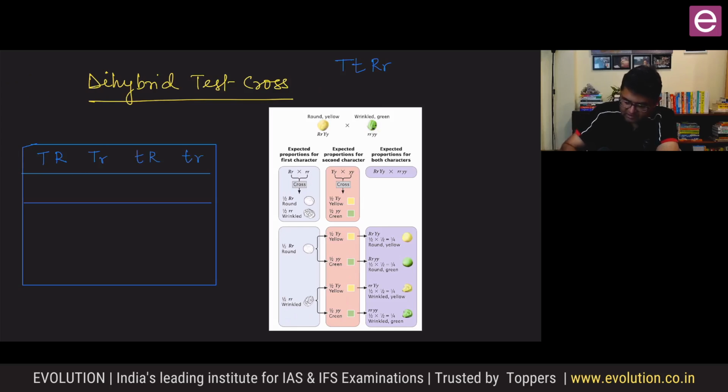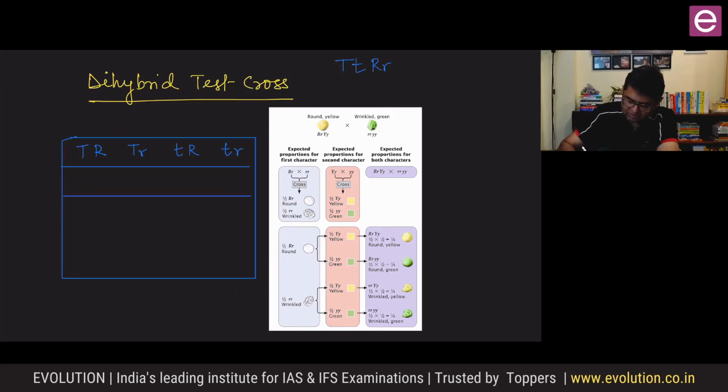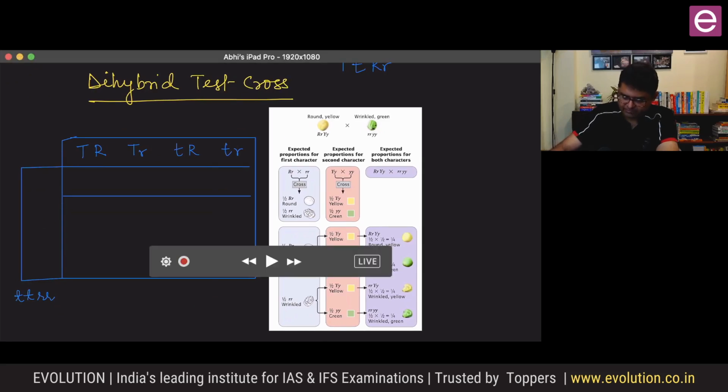And similarly, on this side also, you will be finding the same set of, no, not the same set, it is test cross. So here the parental genotype is going to be homozygous recessive. So in this one, what is happening is this.